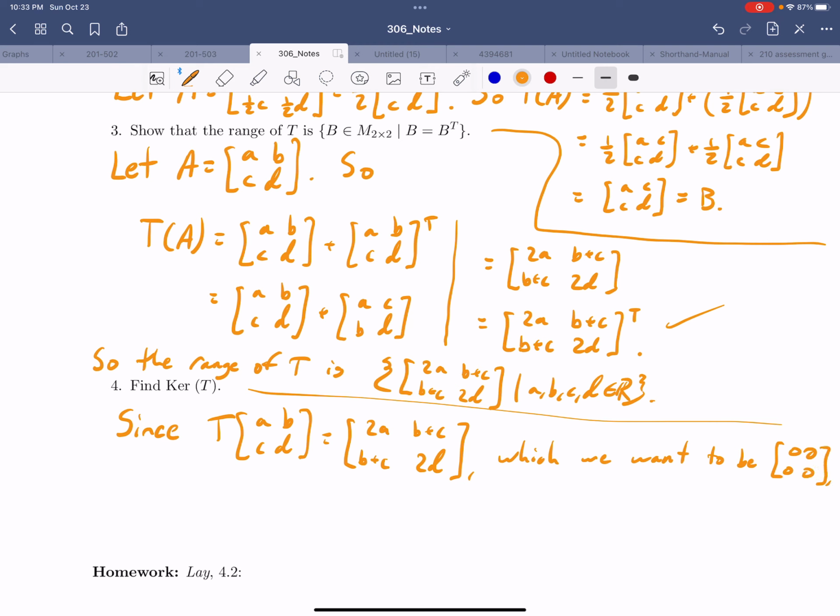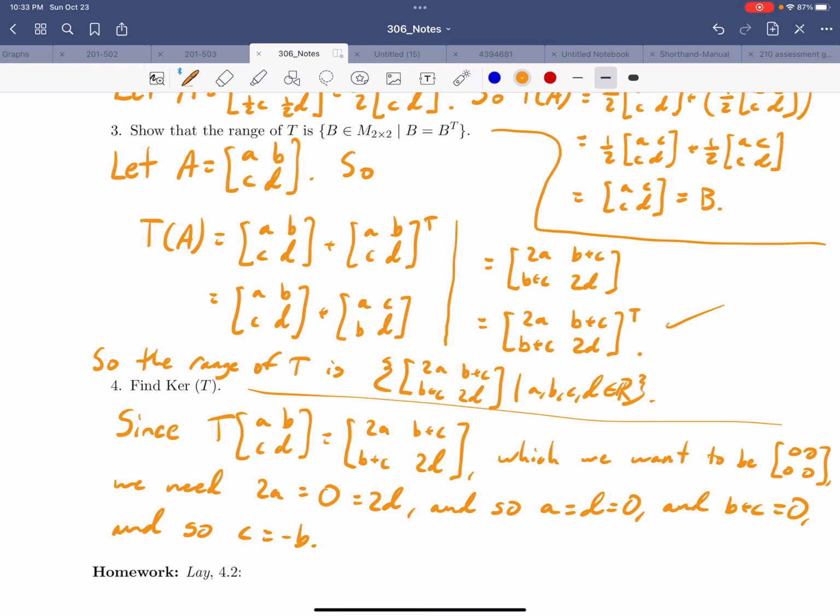We need the following things to happen. We need 2a to equal 0. Oh, I guess we also need 2d to equal 0. So we have a equals d equals 0. And we also need b plus c to equal 0. And so I'll say b equals negative c, just because we've been using c as the variable.